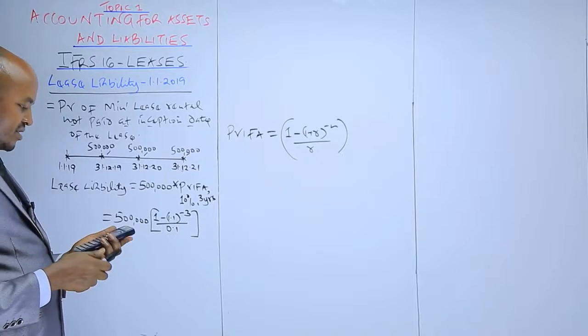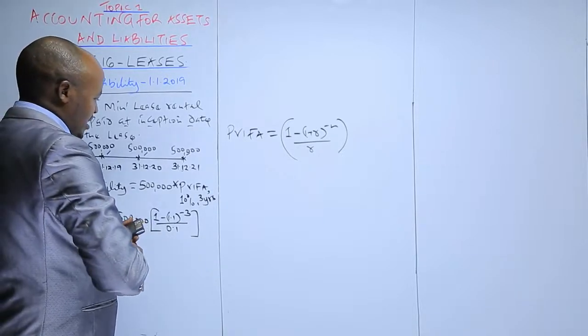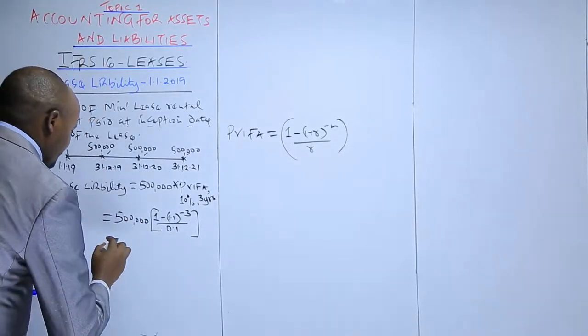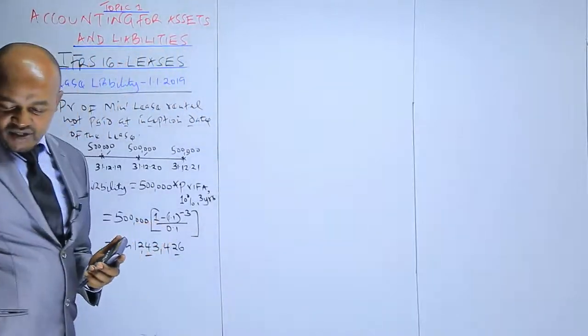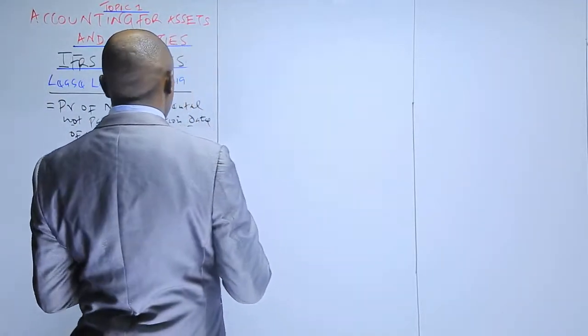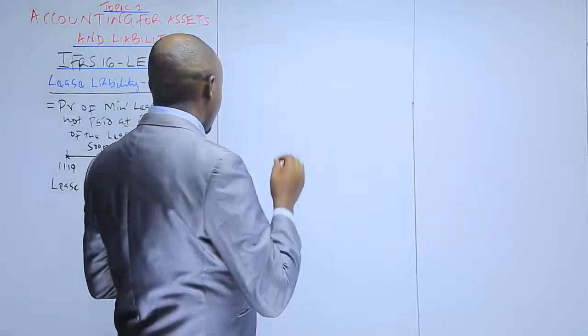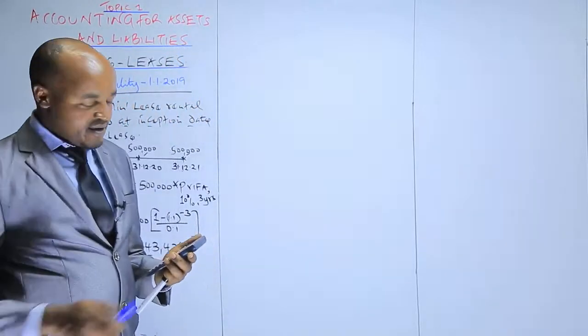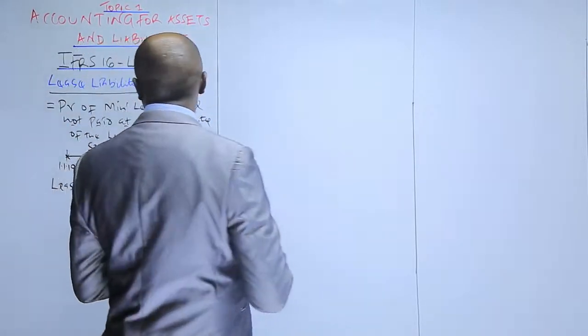That will give us a figure of the liability to amortize. So we amortize that liability by preparing something called the lease amortization schedule.